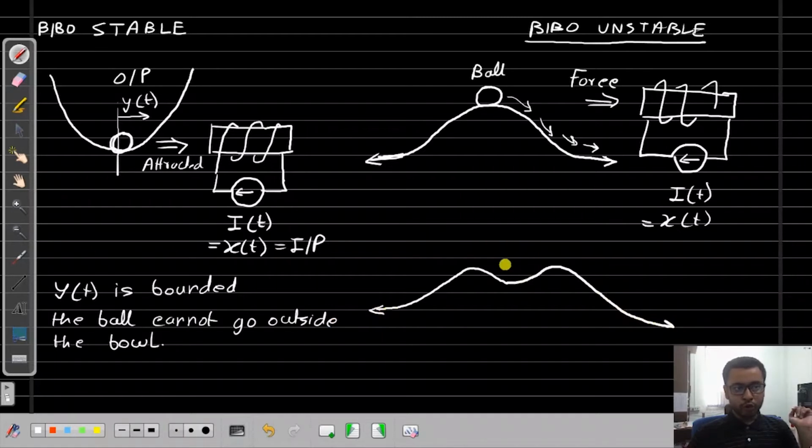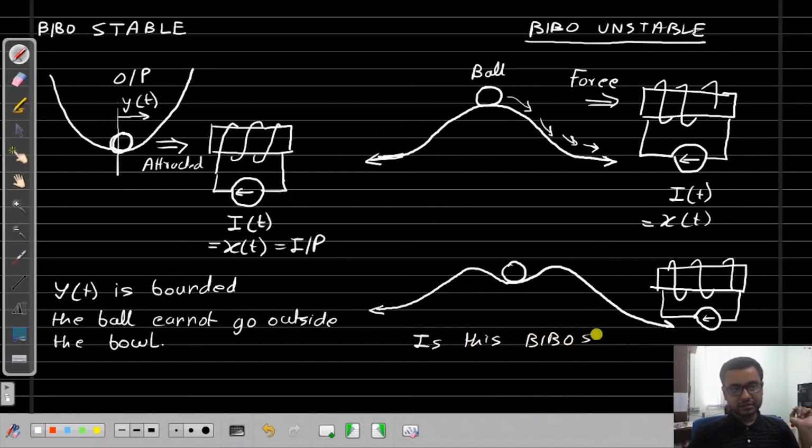Suppose the bowl that you are using is like this and the ball is here, and you bring the electromagnet and you give some current here. Current is i(t) or x(t). Now the question is, is this system BIBO stable? Think about it.